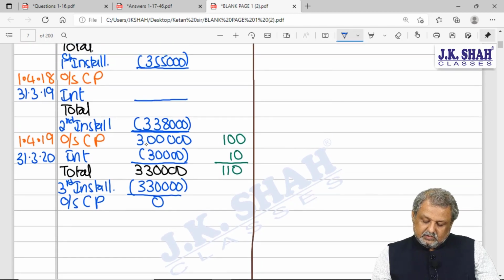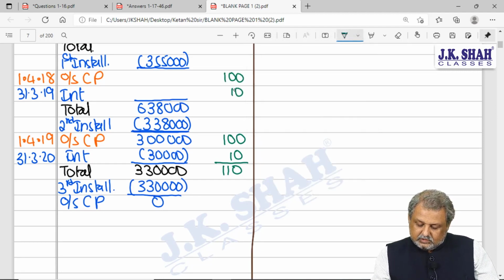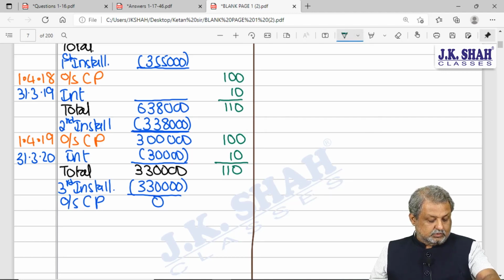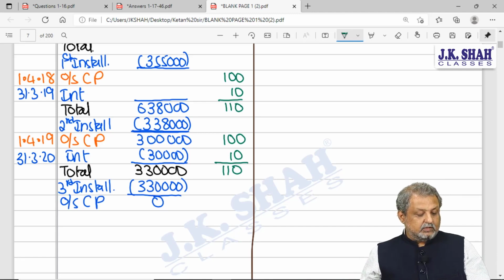Go reverse working, 3 lakhs plus 338, 638. Again, this has 100, this has 10, this has 110. So cross multiply and tell me how much. 6,38,000 divided by 110.